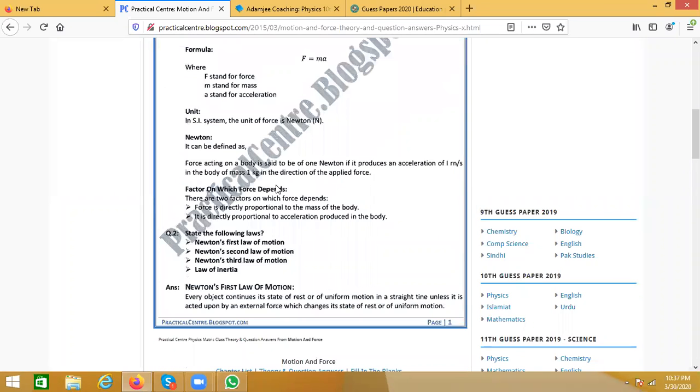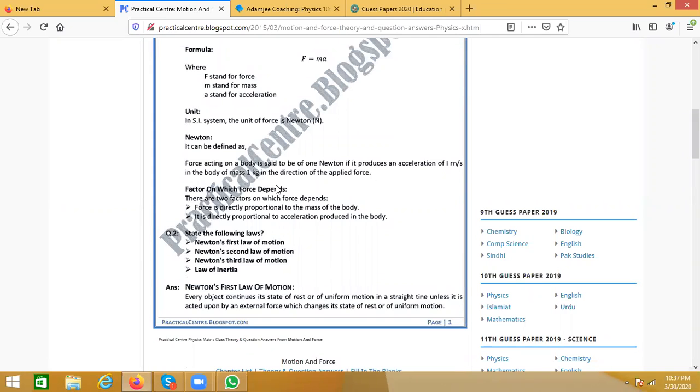So as we can see here, there are different factors on which force depends. Now, as they are saying, there are two factors on which the force depends. It is directly proportional to the mass of the body, which means the greater the mass of the body, the greater the force needs to be applied.